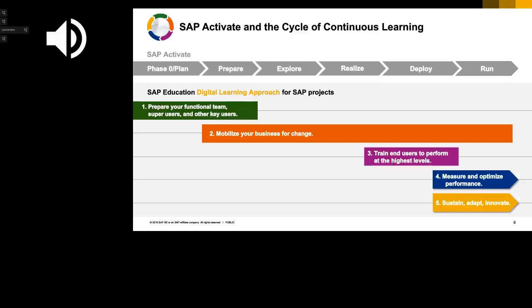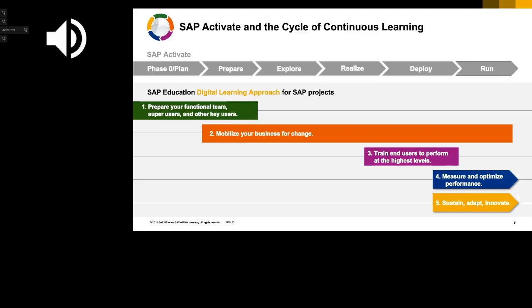So again, it's all about getting that ROI out of your SAP solutions by first getting you the knowledge that you need to implement the solution the way you want it implemented, and then making sure your end user population can adopt that solution through the rest of our tools. And not the focus of today's webinar, but I want you to be aware of where the Learning Hub and the classroom really fit in this overall learning strategy, this continuous learning strategy that's going to get you the most value out of your solutions.